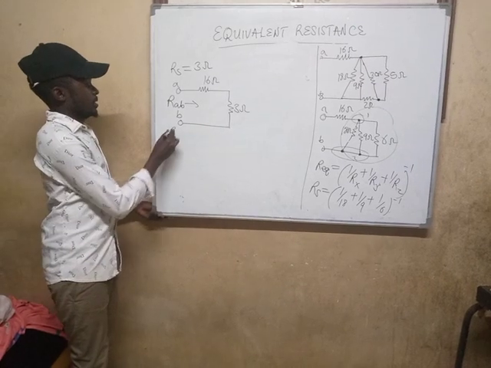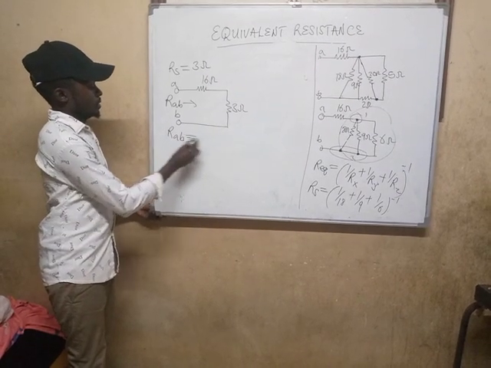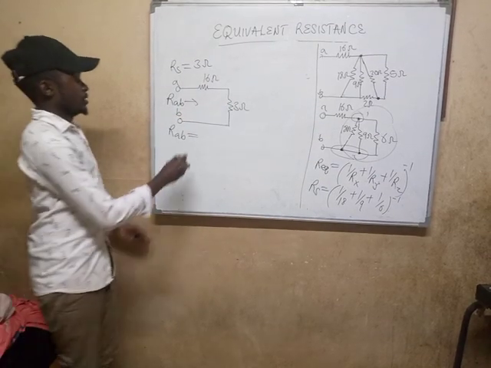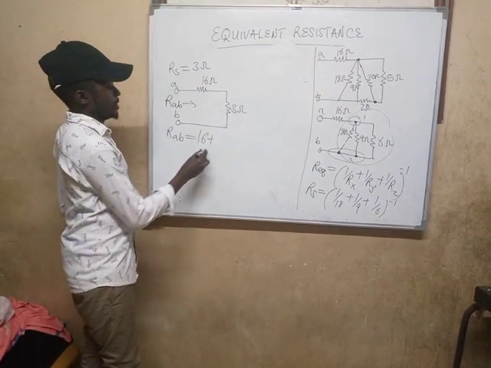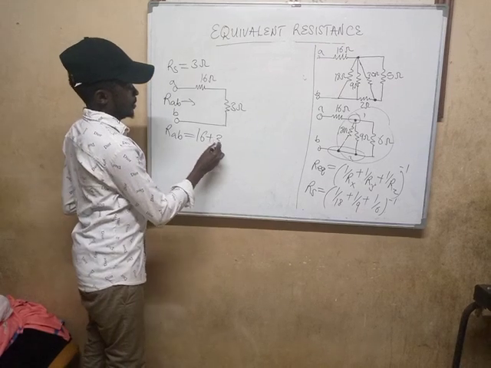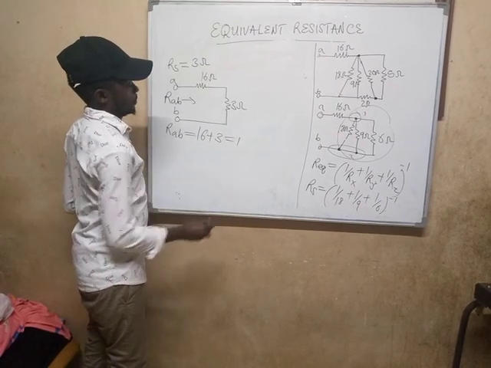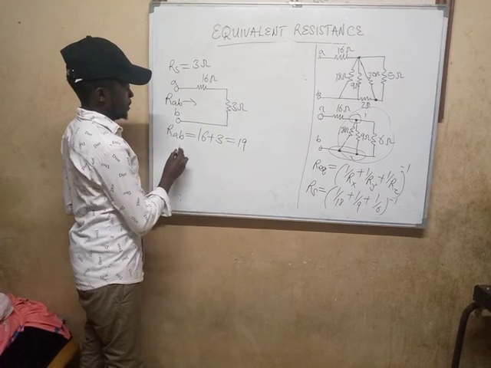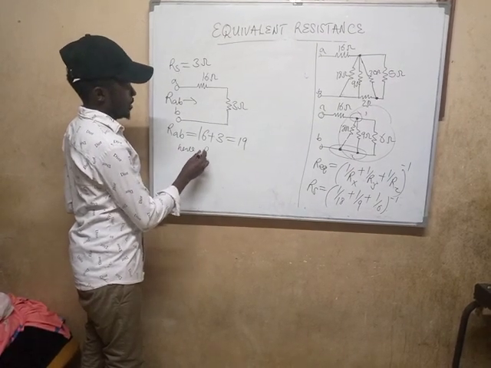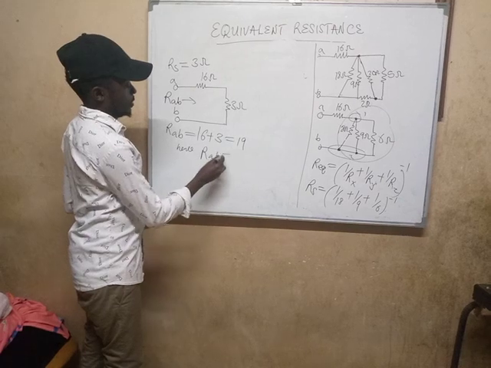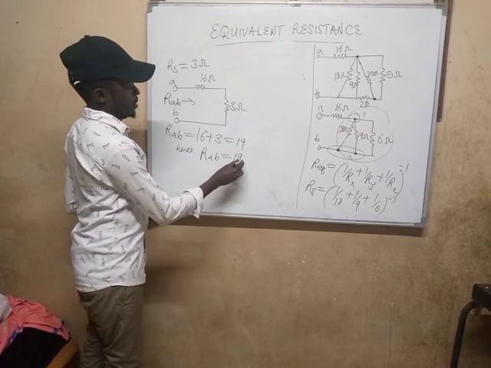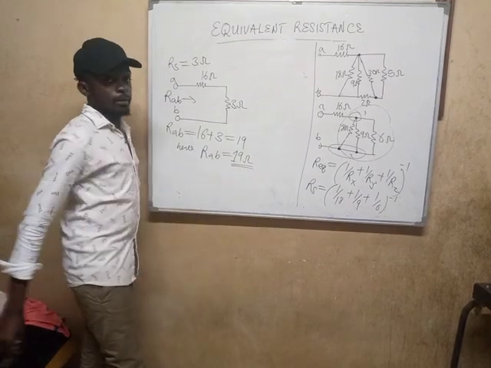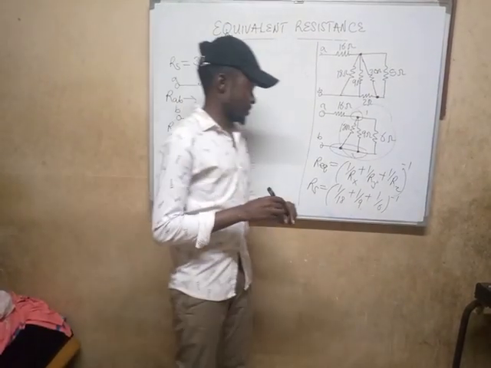So we are saying RAB is equal to, I have remained with 2 resistors which are in series. So we have 16 plus 3, which is equal to 19. So hence my RAB is equal to 19 ohms. So this is the final answer.